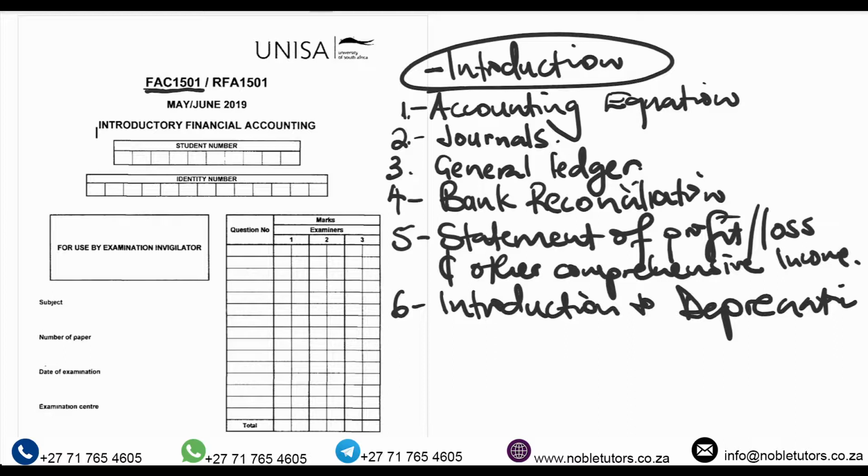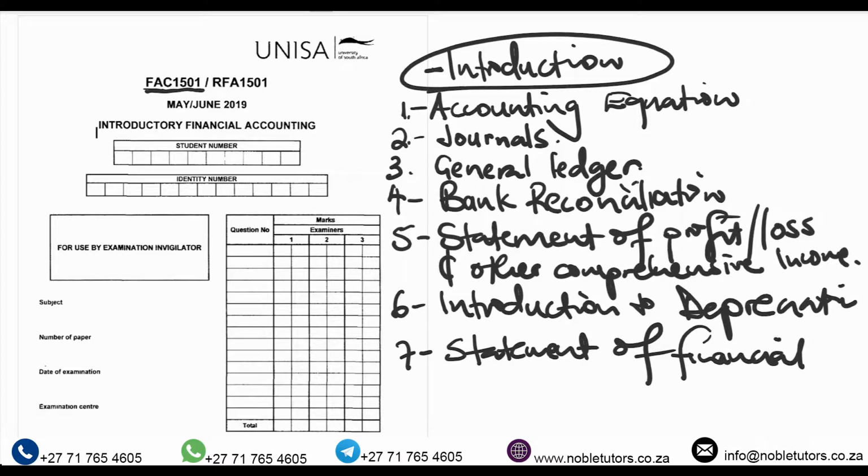That's all we're simply going to do on depreciation. Then lastly, we're going to do a statement of financial position. In a statement of financial position, we're going to group assets, equity, and liabilities. This statement is supposed to balance. So you find out that we have 7 topics.